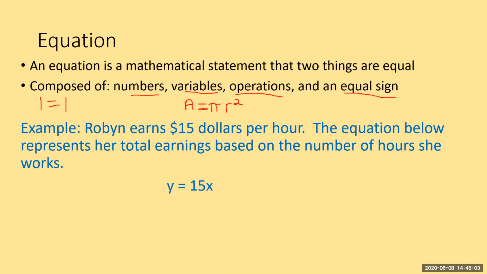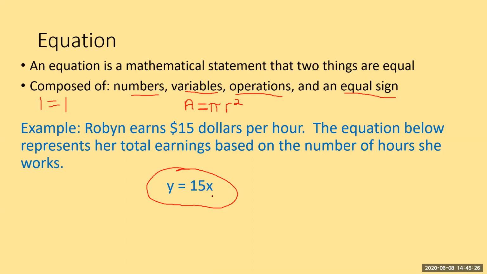Okay, so let's return to our example about Robin and the amount of money she earns. So again, this equation here is one way of representing the relationship between the amount of time she puts in and the amount of money she gets out of her work. We've got the equal sign there.